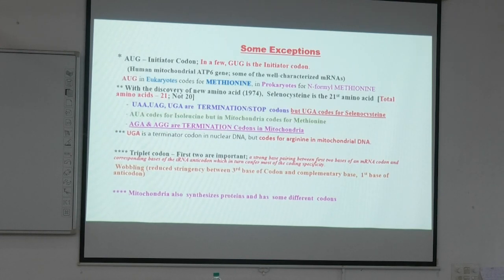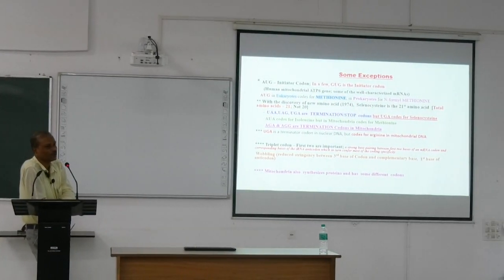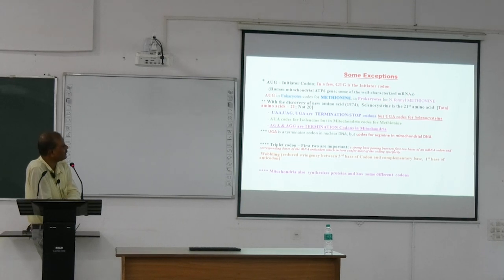There are some exceptions. We take it for granted that these are the codons, but you see the AUG, we all know that it is an initiator codon, but in a few, GUG is the initiator codon, not AUG. One example is the human mitochondrial ATP6 gene. AUG in eukaryotes codes for methionine, but for prokaryotes it is N-formylmethionine.